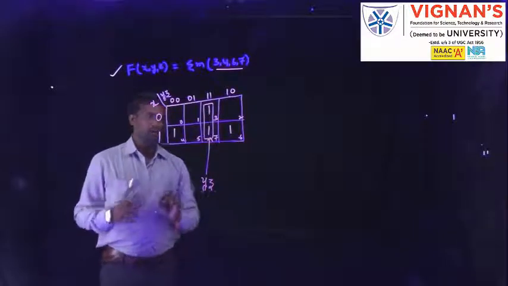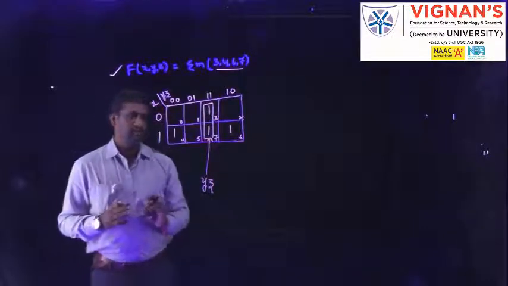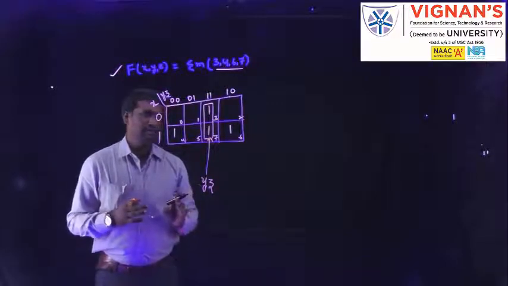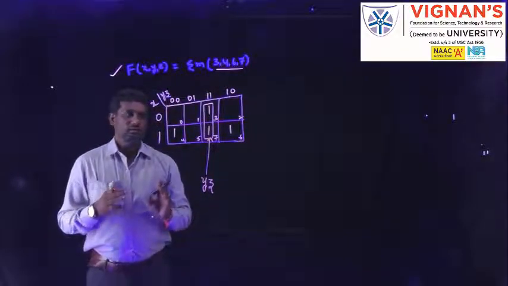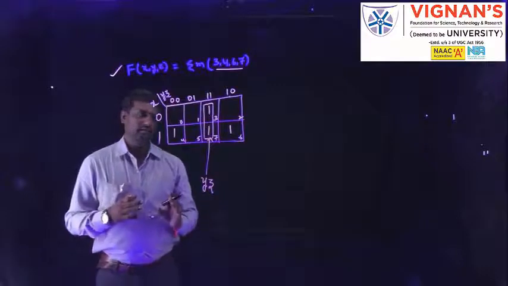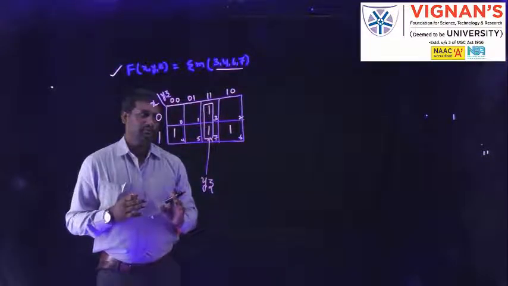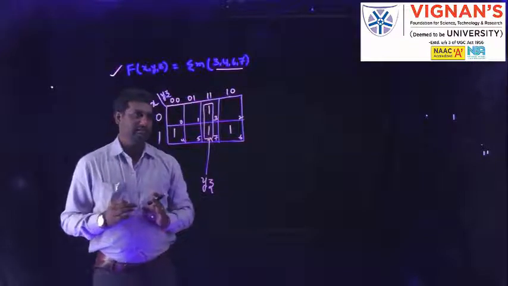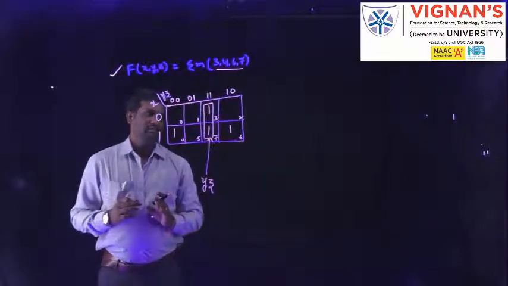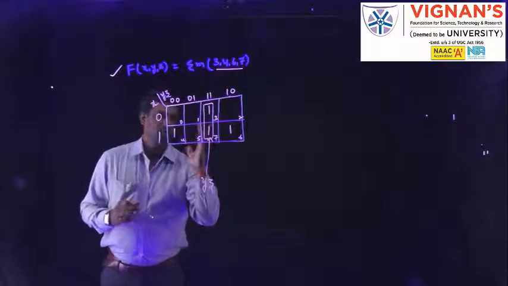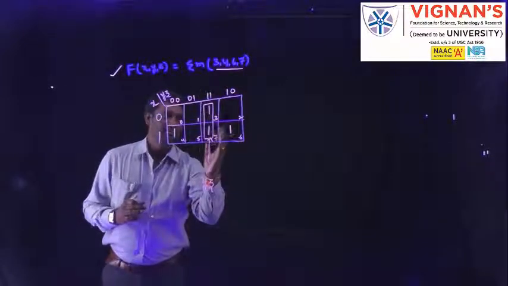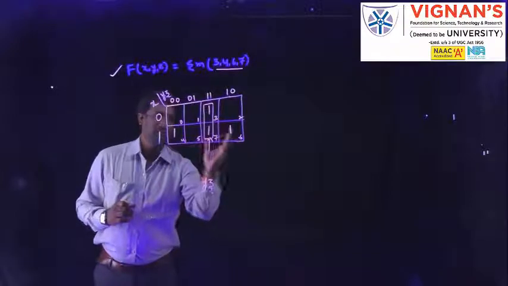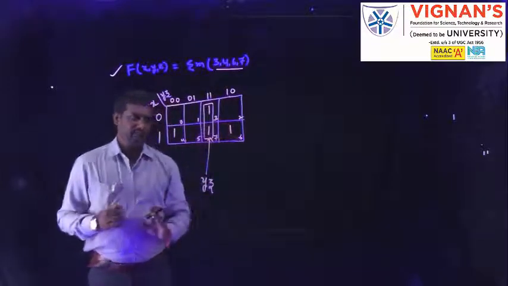Coming to grouping of the other minterms, grouping can be done by using the folding method, which we have also seen. That means if I fold in the middle, the fourth cell and the sixth cell will come together.